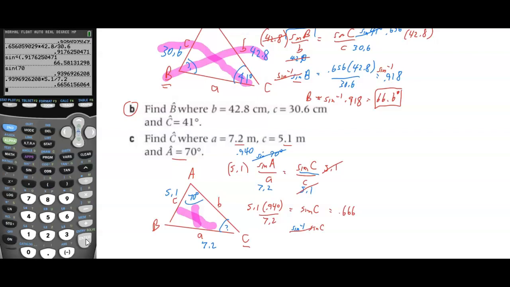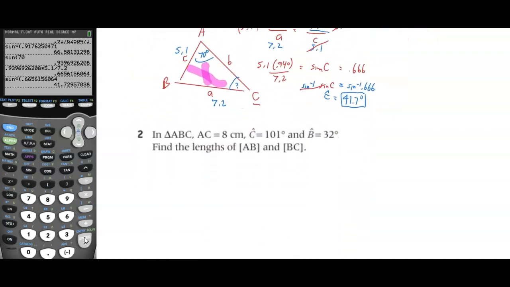And then I'm also going to do inverse sine on the right side. And so on the left side, I'm left with capital C. And the inverse sine of 0.666 is going to be second sine, copy that, enter. Answer is 41.7 degrees. Okay, so this is the answer to part C.